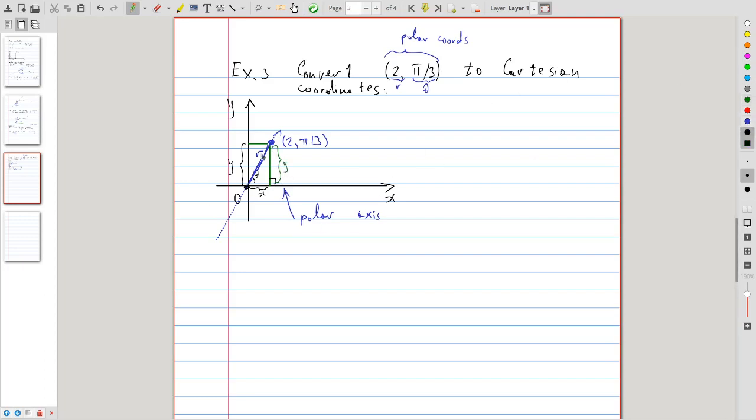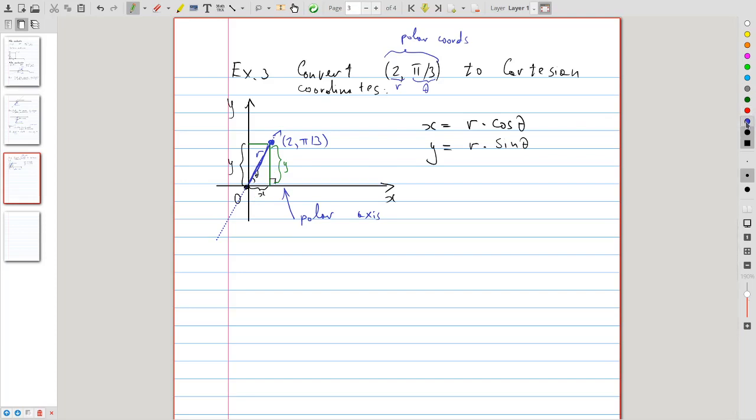So from the picture, we have that x is equal to r times cosine theta, because x here is the side adjacent to the angle theta. So we have to multiply the hypotenuse by the cosine of the angle here. Similarly, y is equal to r times sine theta from this right triangle.